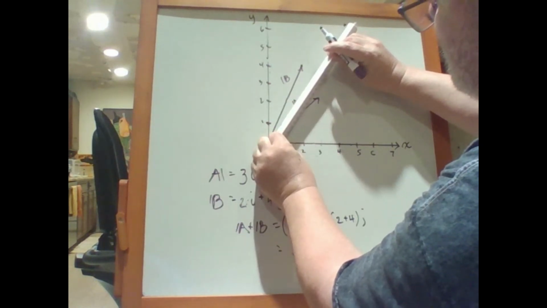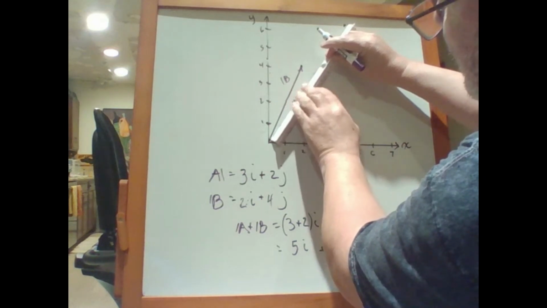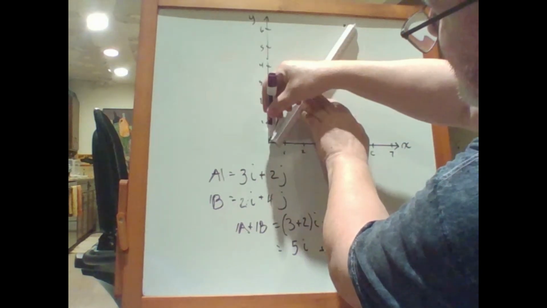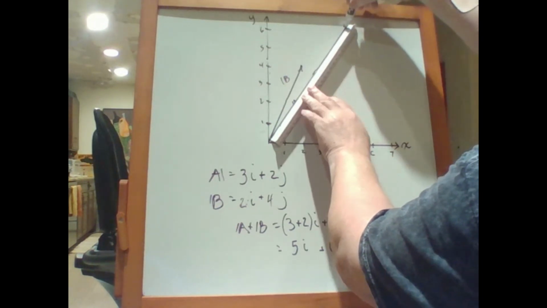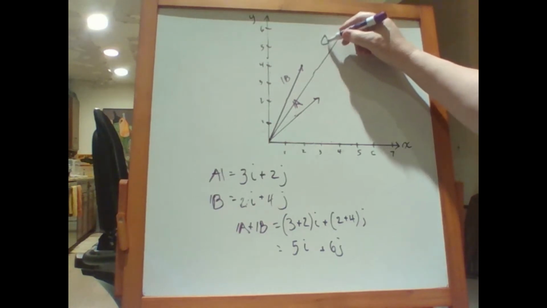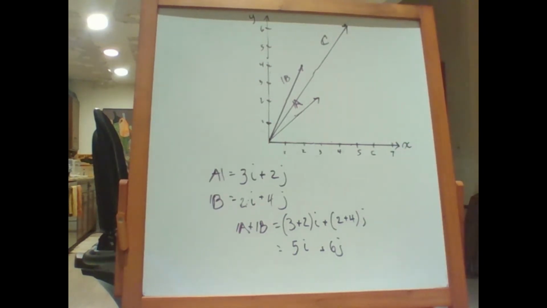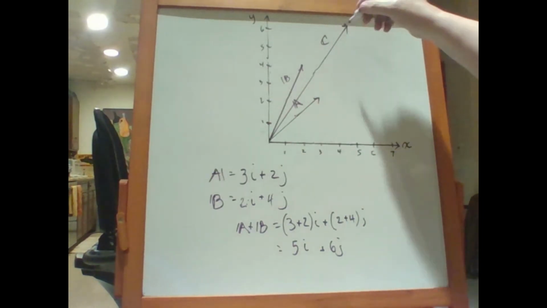C. I don't know if I can get that line all the way up there. That would be C. And again, that's 5 and 6.